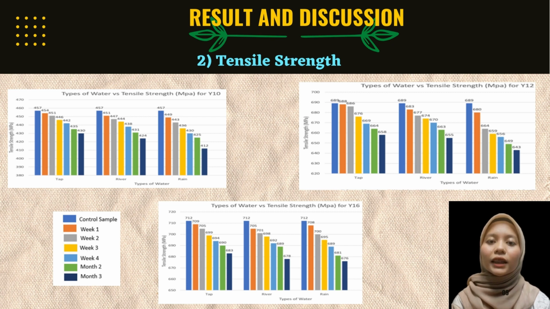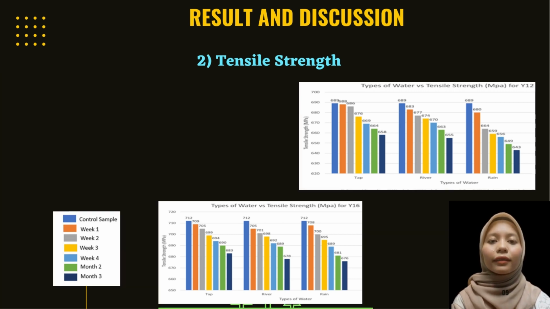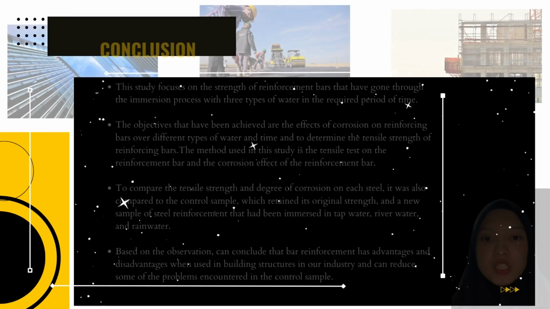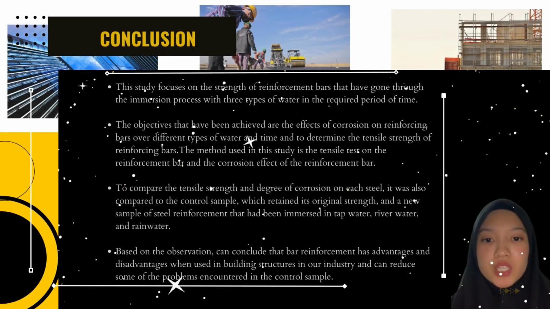Another factor is the water content between tap water, river water, and rainwater. Based on what we see, the rainwater gives more impact on tensile strength than the other types of water. This is because the content in the rainwater, such as acid, can make the reinforcement bar weak in tensile strength. Next, I will explain the conclusion part of this project.